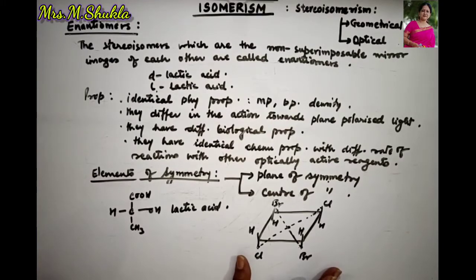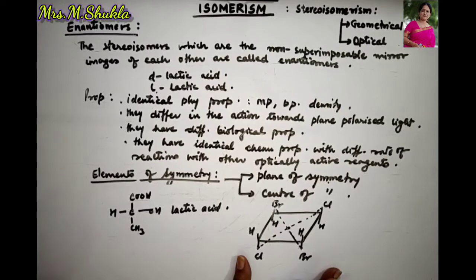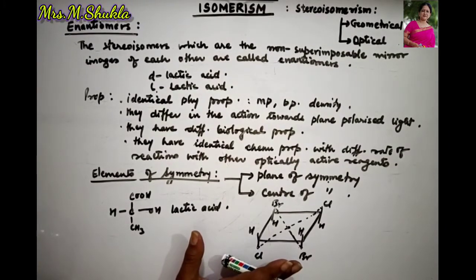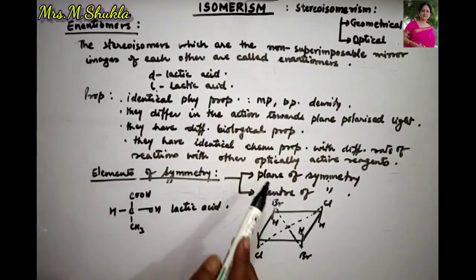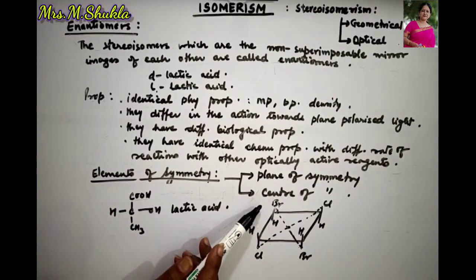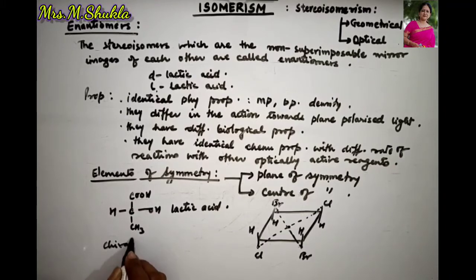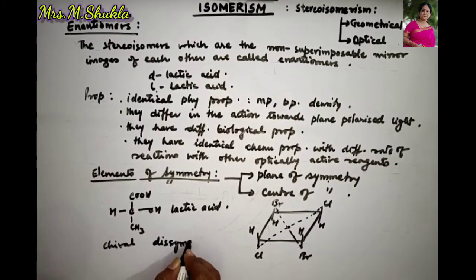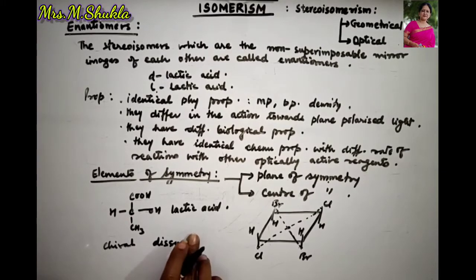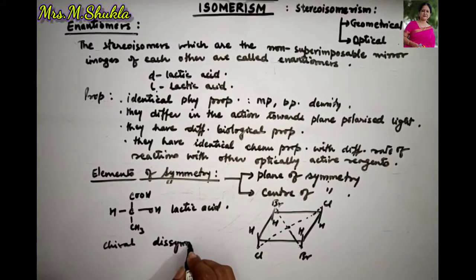So this is an example of trans 1,3-dibromo-2,3-dichlorocyclobutane. Only that molecule which possesses neither plane of symmetry nor center of symmetry is your chiral molecule, which is also called a dissymmetric molecule.